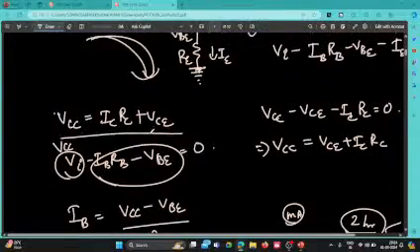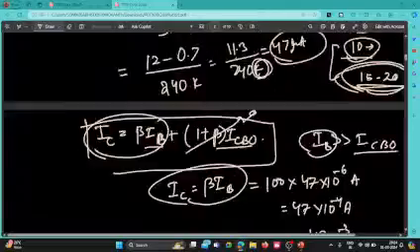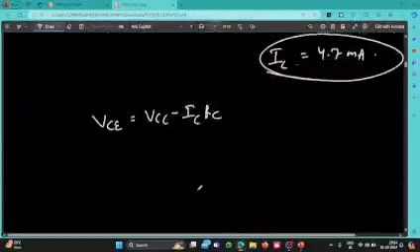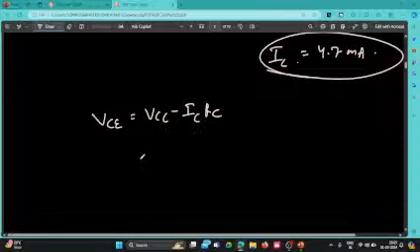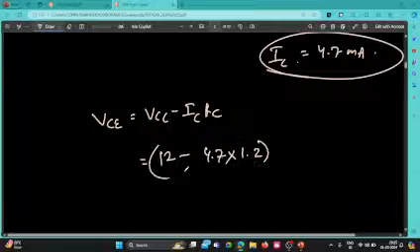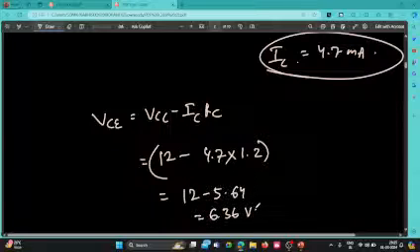So VCE is equal to VCC minus ICRC. VCC is 12, given in the question, minus 4.7, which we got, into 1.2. So that will be 12 minus 5.64, that is 6.36 volt. So this will be your VCE and this will be your IC.